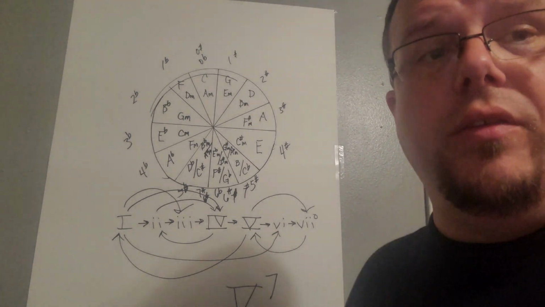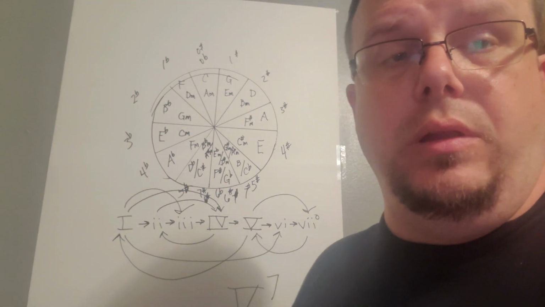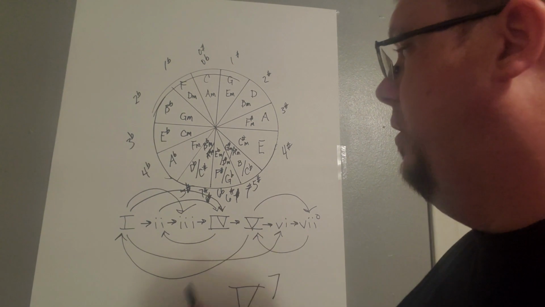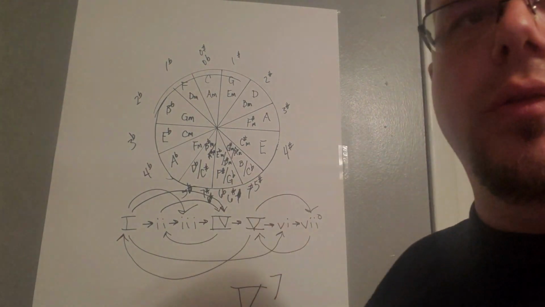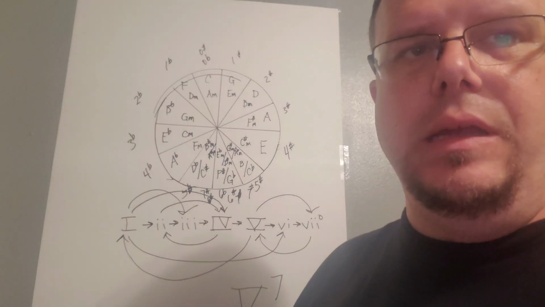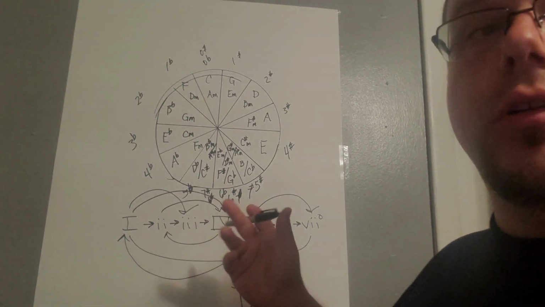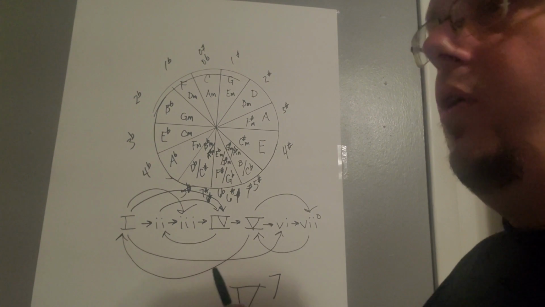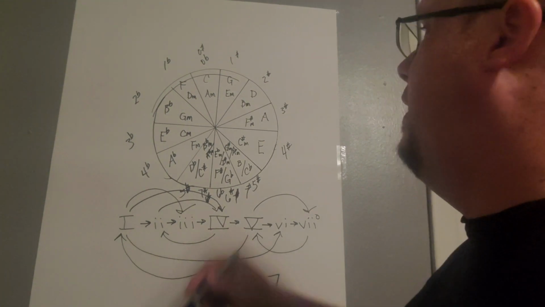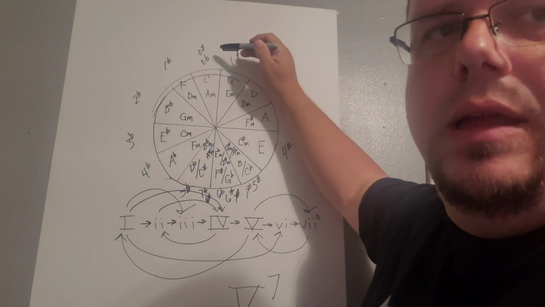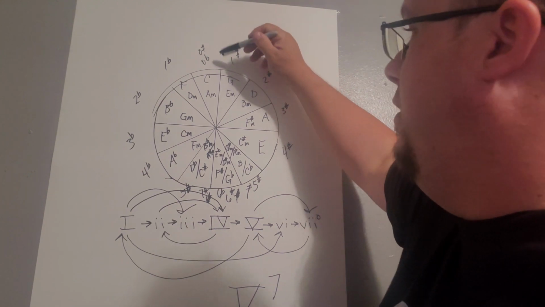Okay, friends, so recently I was telling you a little bit about the circle of fifths, about how there are things that I don't see a lot of people discussing as it relates to the circle of fifths. A lot of the basic stuff that you'll get has to do with the key signatures.